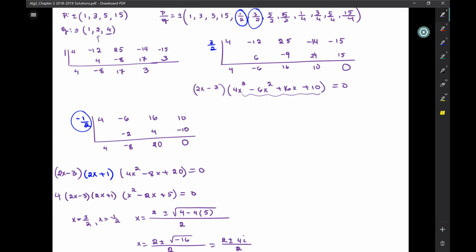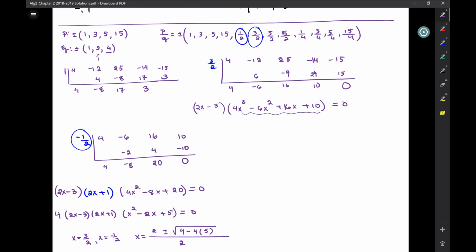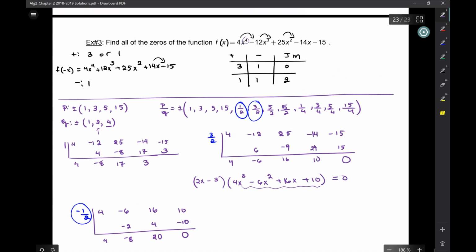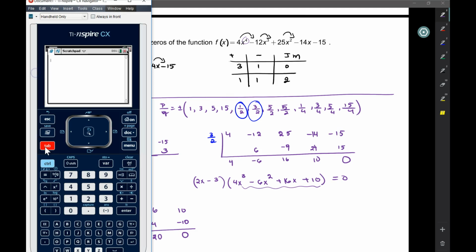Now, let me show you a little bit of a shortcut. Let me show you the shortcut I've been using. So 4x to the 4 minus 12x cubed, 25x squared, whoops, 14x.